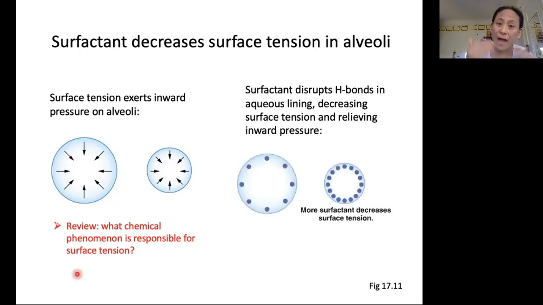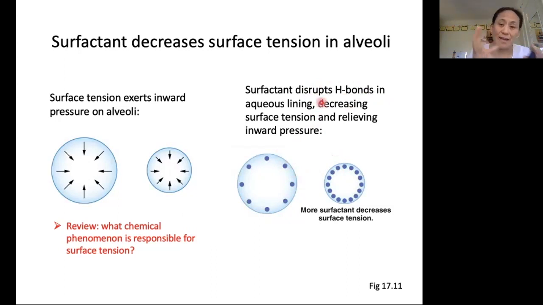The way surfactant works is that the surfactant molecules intersperse themselves between the water molecules that make up the saline lining the alveoli. In so doing, it disrupts the hydrogen bonding between those molecules.